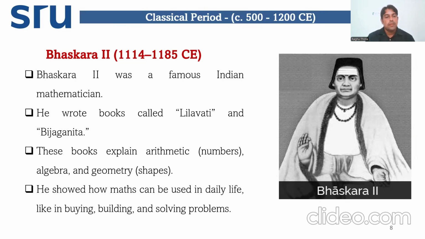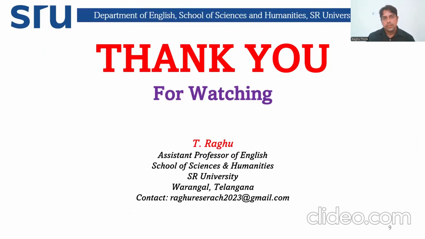He showed how mathematics can be used in daily life, like buying something, building something, and solving problems. These are the different contributions of Bhaskara II to ancient Indian mathematics. So these are all the famous ancient Indian mathematicians and their contributions to Indian mathematics.